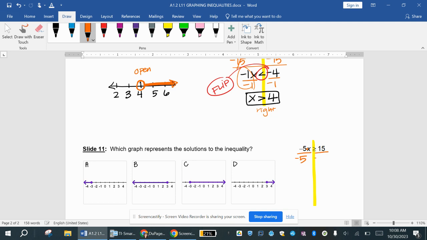Okay, multiplication is canceled with division. Since I'm dividing both sides by a -5, I have to flip the inequality. So the correct answer is A, shade to the left with a closed point at -3.